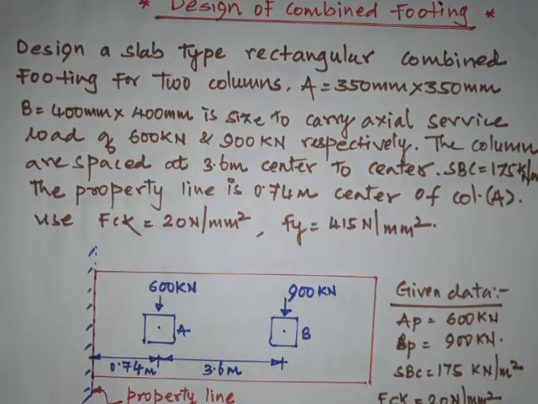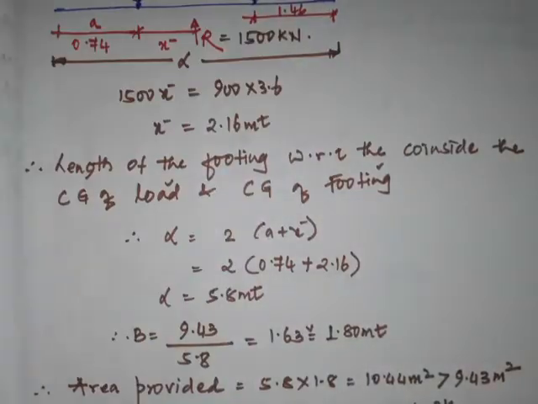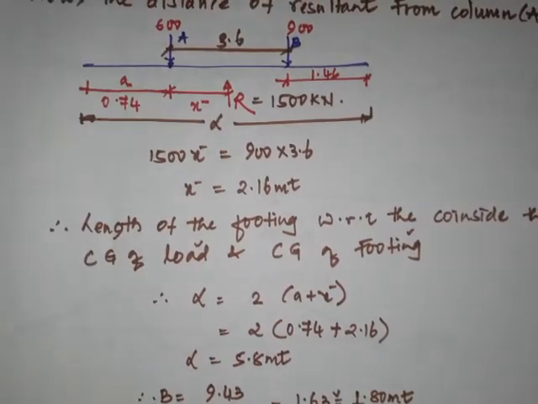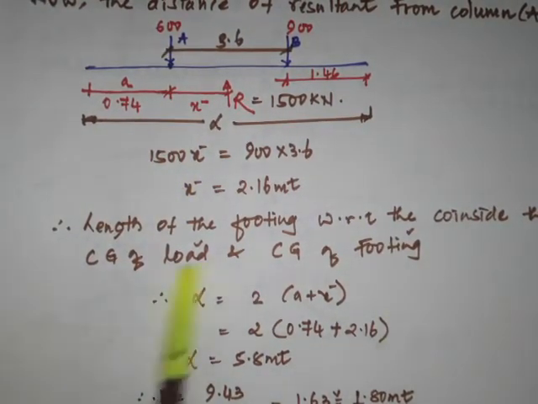You have to follow the same steps for proportioning the area. I also discussed how to fix the proportion of the area, nothing but the size of the footing, when the property line distance is mentioned.